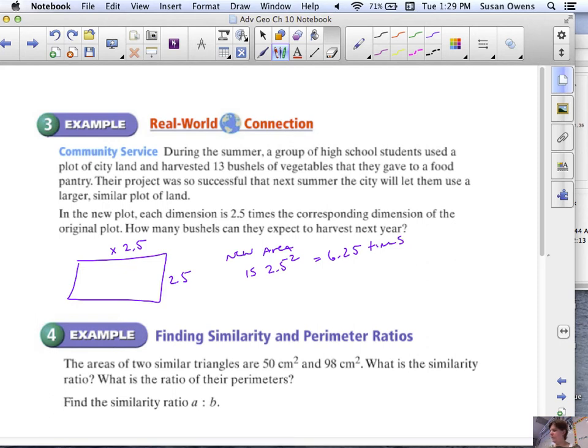So we're going to get 6.25 times the amount that we originally did. And at first we got 13. So 13 times 6.25. And that gives me about 81.25. So how about we'll round that down, 81 bushels.